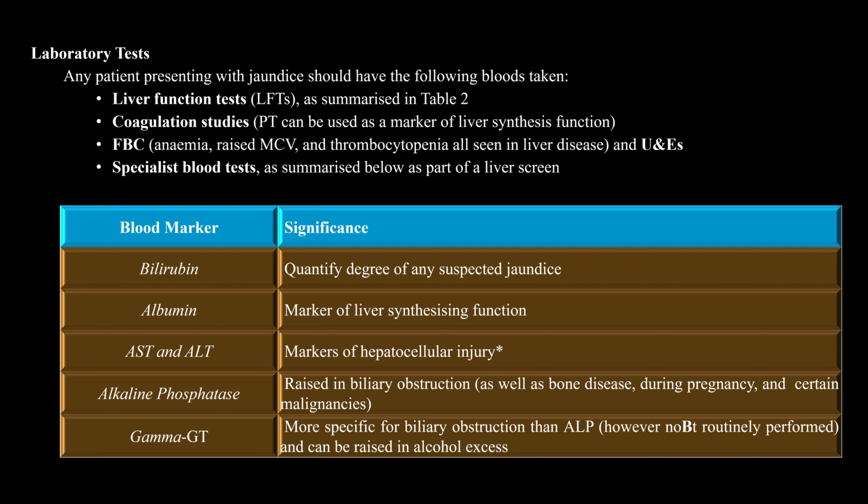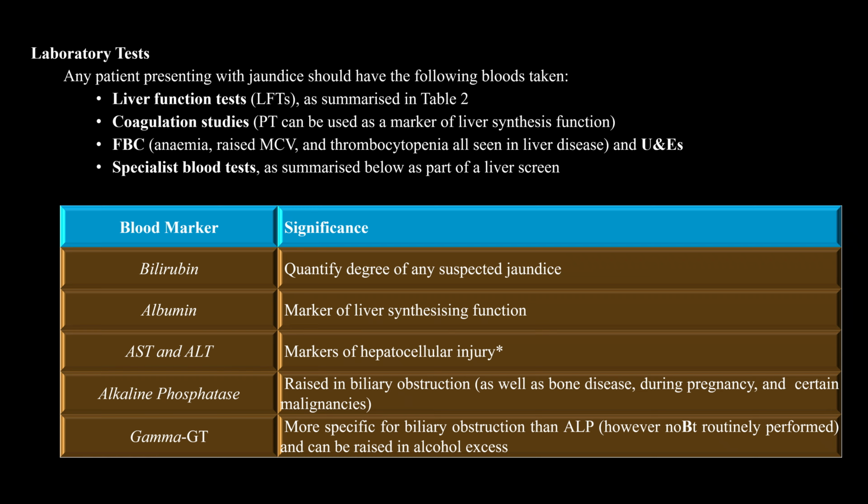On this slide is a laboratory test summary for a patient presenting with jaundice with abnormal liver function tests, including PT, FBC, anemia, MCV, and thrombocytopenia in liver disease.